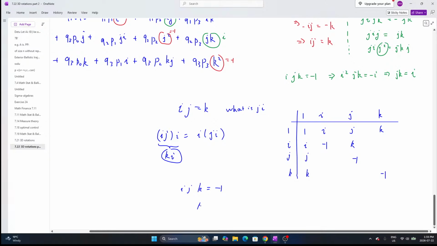Let's multiply i on the right. If I remember correctly, ki should be j, but I can't seem to derive it. Multiply ij and jk. Yeah, I know ki should be j. Is there a way to derive it?